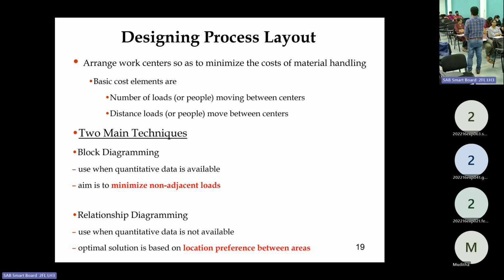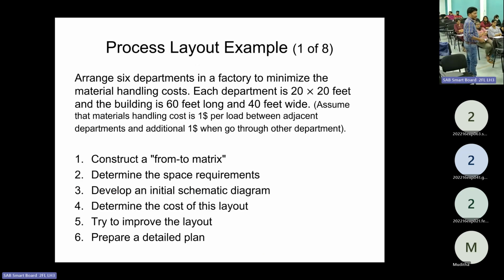I hope we covered a lot of information. Thanks to you all, we identified what information we need. Now let's see an example, where information is given here, and how to come up with the layout plan using this block diagramming technique. In this example, it refers to a factory that has mainly 6 departments to be located within the building.